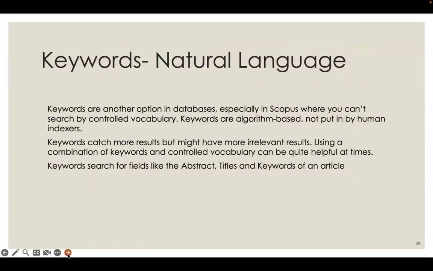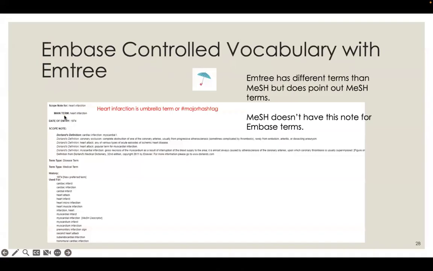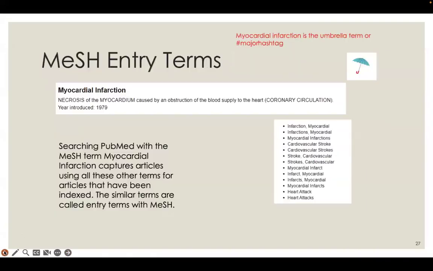And then we've got keywords or natural language. That's just as if you were typing your PICO terms into a database or into Google or Google Scholar. And we'll look at Scopus on Tuesday. These other things are controlled vocabulary, subject headings.